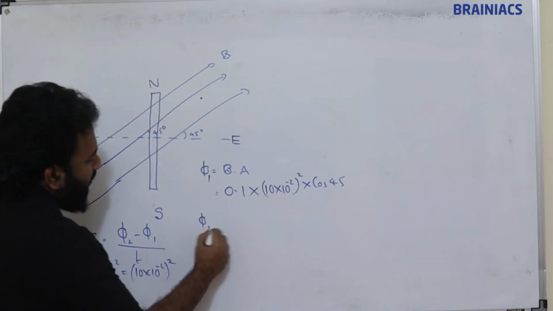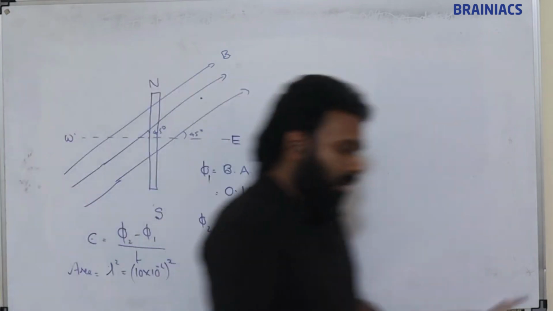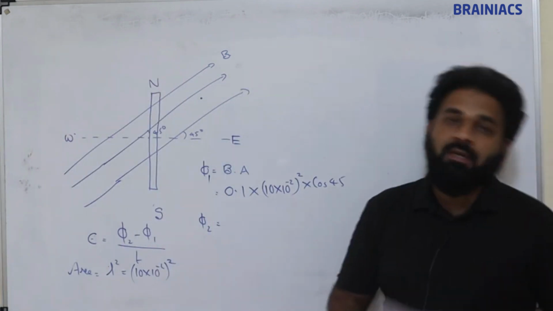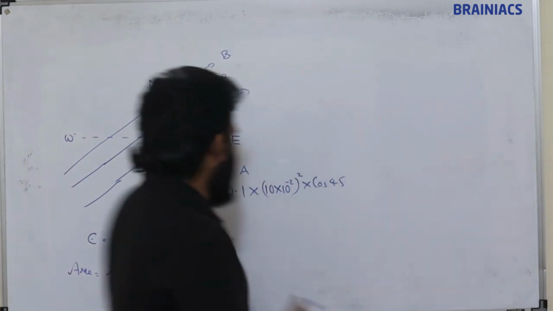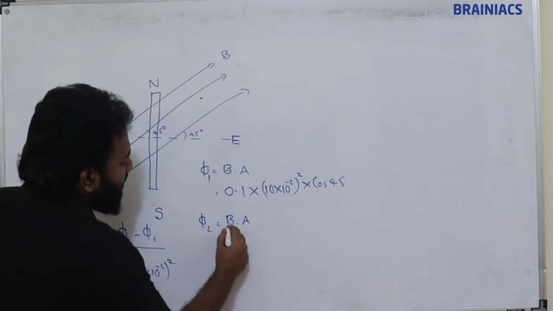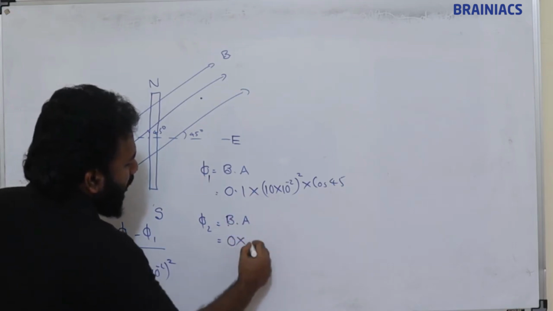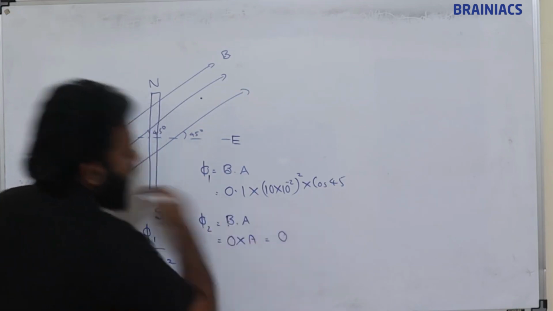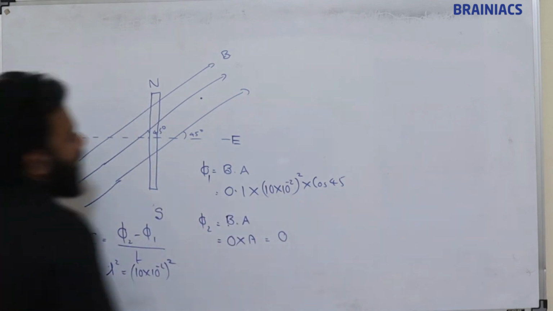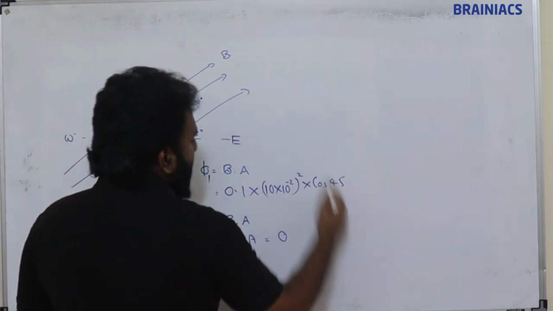Now what about phi 2? The magnetic field is decreased to 0, so B dot A will become 0 whatever happens. Now we will find the EMF.